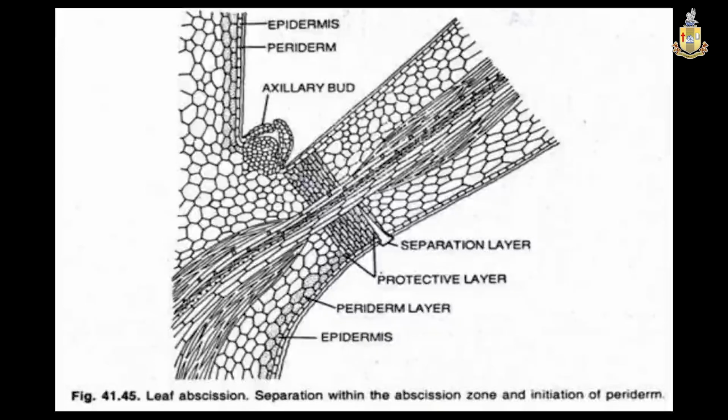The abscission zone is the separation layer. Here you may see two things very clearly: one is the separation layer and the other is the protective layer. These two put together are called the abscission zone. So this zone is the very cause of the abscission process.